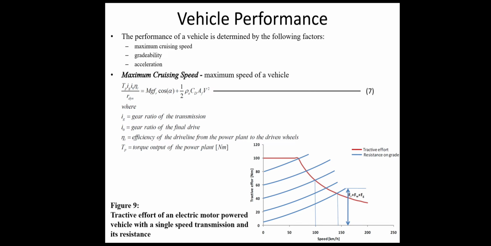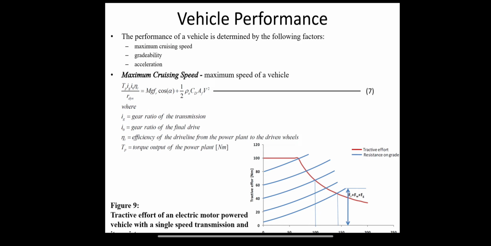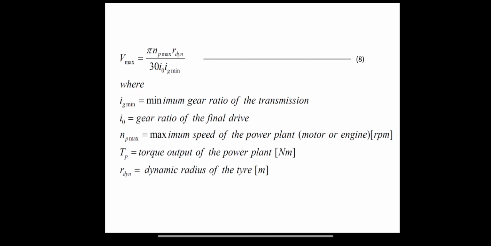Now for some vehicles, no intersection exists between the tractive effort curve and the resistance curve because of the large power plant. In such a case, the maximum speed of the vehicle is determined by the maximum speed of the power plant.